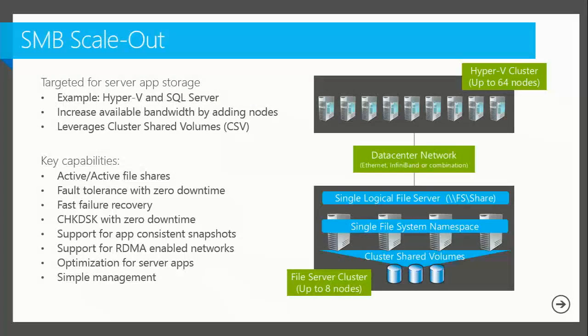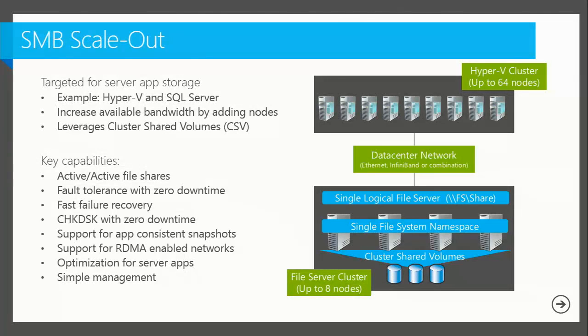All right. Scale-up. If you're familiar with clustering, you know that typically what happens is you have a cluster role. That cluster role is active in one of your cluster nodes at a time. So before 2012, if you had a file server, that file server would be active, say, in node 1.